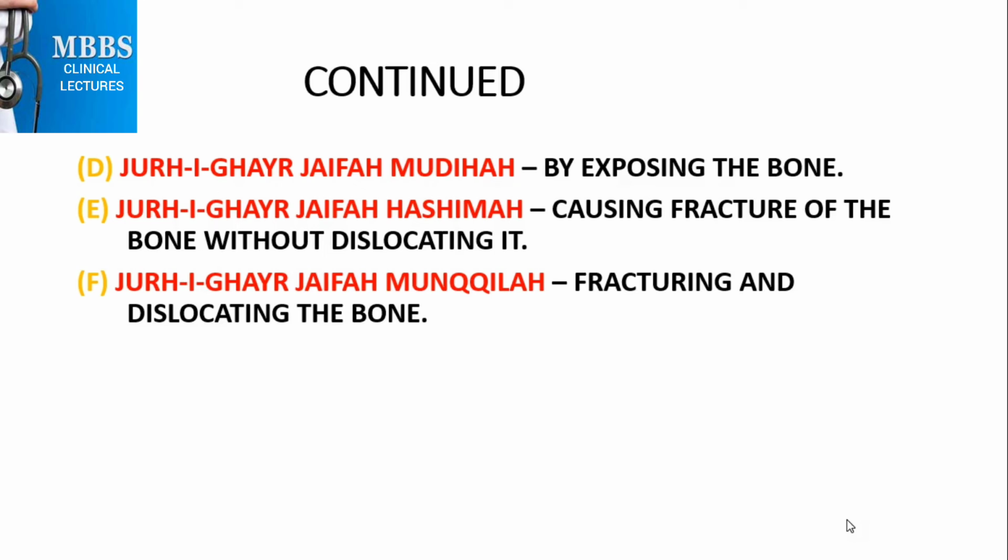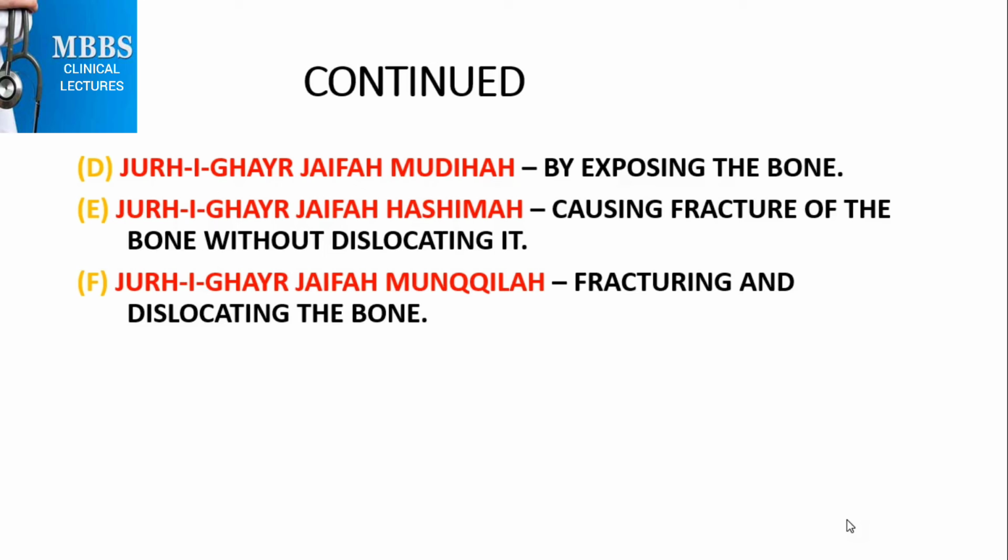Then Jara Ghair Jaifa Hashmiya, causing the fracture of the bone but without dislocation. Hashmiya, similar to the Shaja, was also a fracture but without dislocation. Mudiha, underlying bone exposed. And the last one, number 6, is Jara Ghair Jaifa Munakila, fracturing and dislocation of the bone.